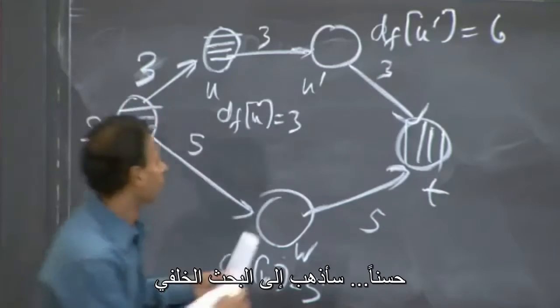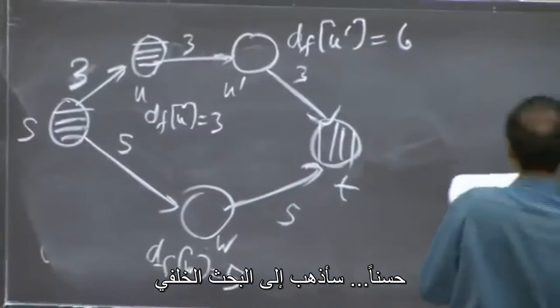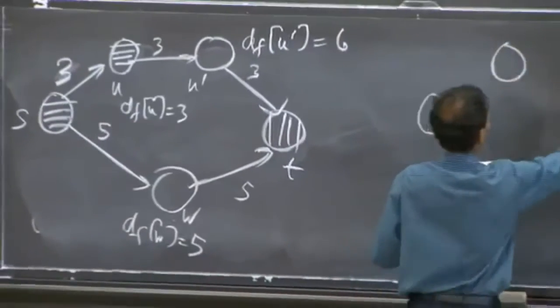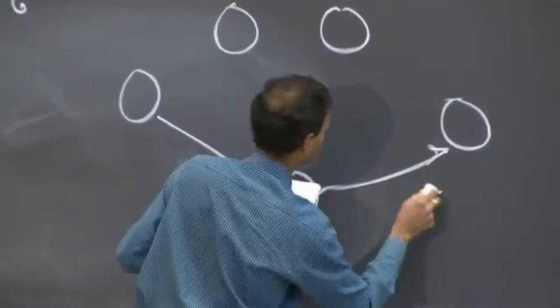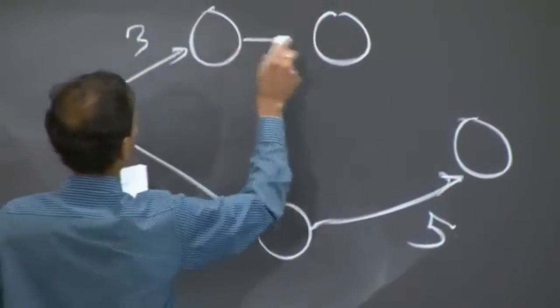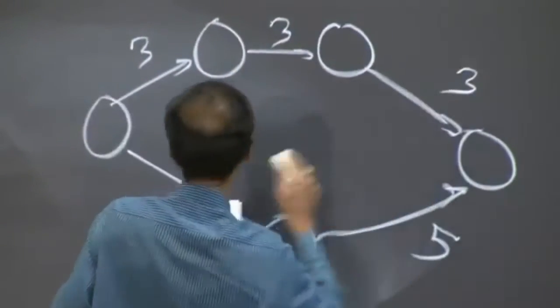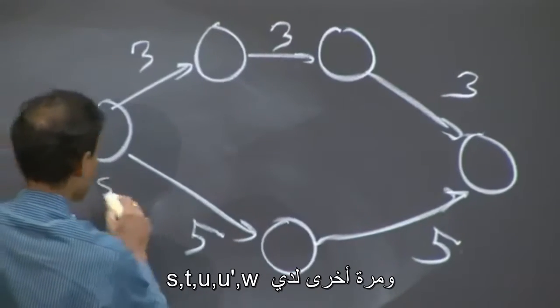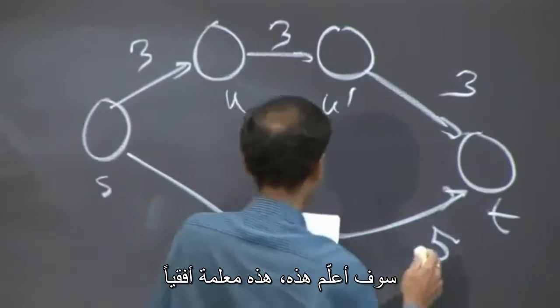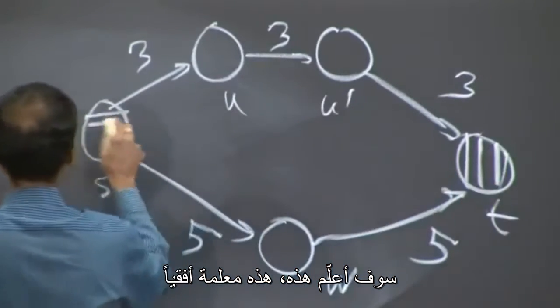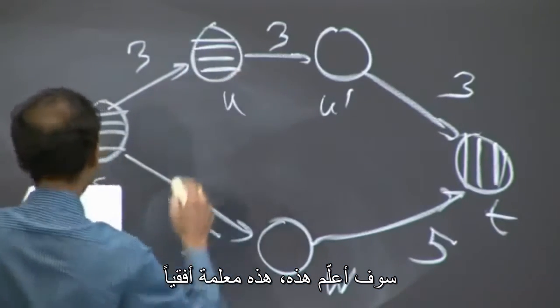All right. Now I go to the backward search. Again, I have S, T, U, U prime, W. This has been hashed horizontally.